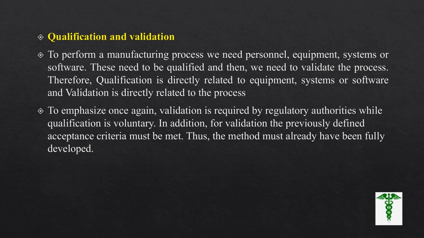So we can tell that qualification is directly related to the equipment, system or software, and validation is directly related to the process. Validation is required by the regulatory authority while qualification is voluntary. So we can tell that validation is an acceptance criteria that has to be met after the process.